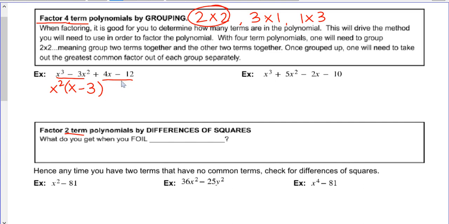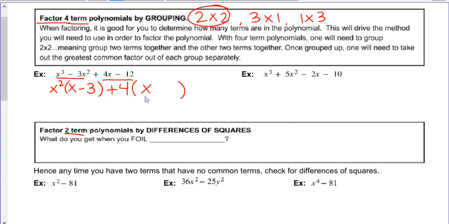So if I look at 4x and 12, this is a positive 4, that's a minus 12. There is a 4 in common, but notice there's not an x in this term, so there wouldn't be any variables. So I'm going to take out a positive 4. Now notice I put that plus there to separate my first term here with my second one. If you end up taking out a negative, this would be a minus. All right, so 4 times what is 4x?